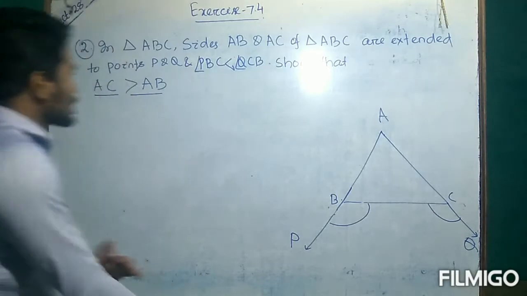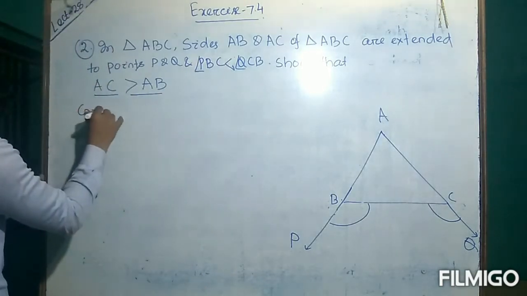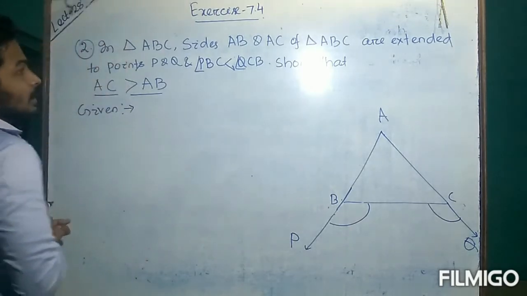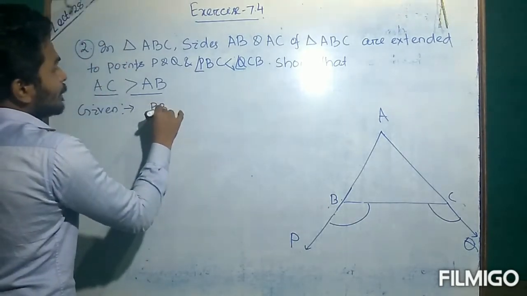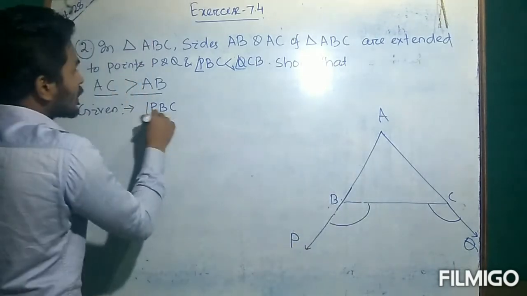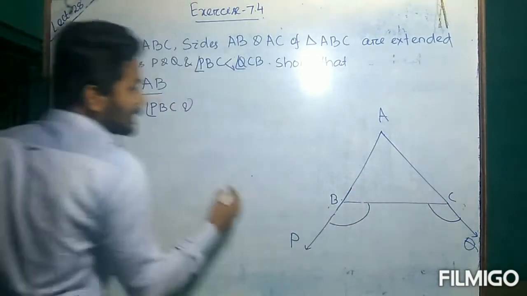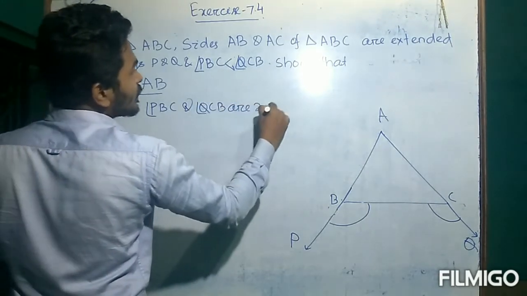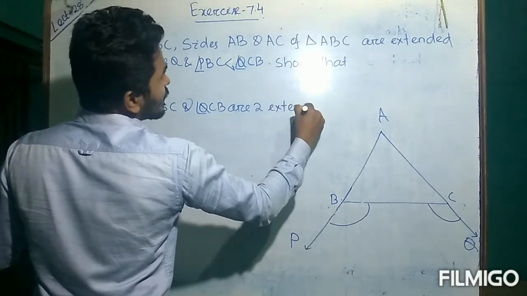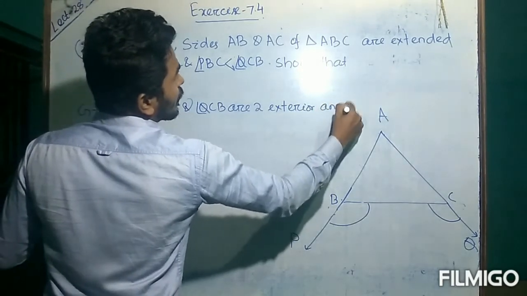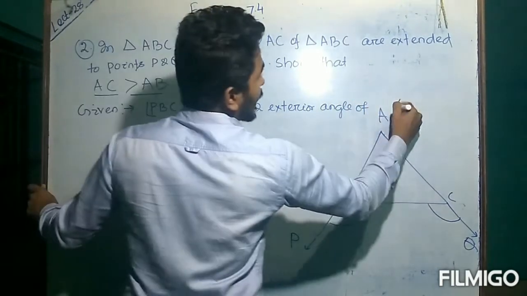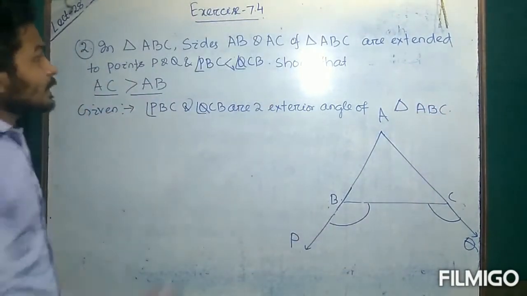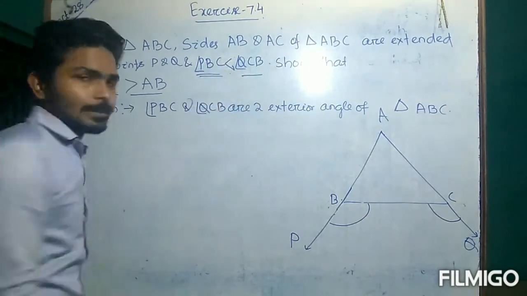Okay, so let us first write what is given. It is given that PBC and QCB are two exterior angles of triangle ABC, and it is given that this angle is less than this angle.